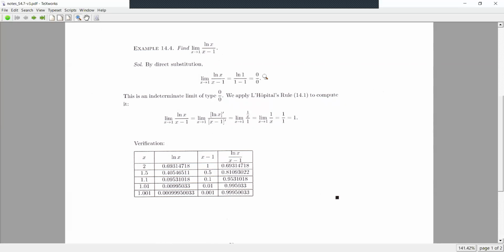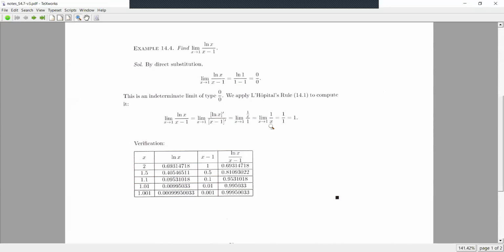But because this is a difficult limit of the type 0 over 0, we can apply L'Hopital's rule, okay? By L'Hopital's rule, this limit is this limit. Take derivative on the numerator over derivative on the denominator. Natural log derivative is 1 over x. x minus 1 derivative is 1. So then we get this limit.